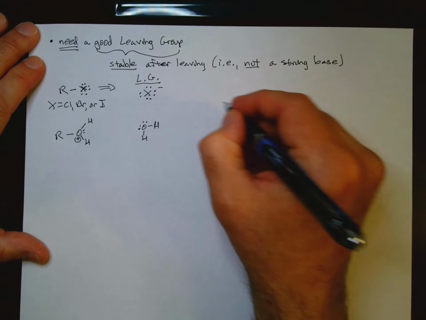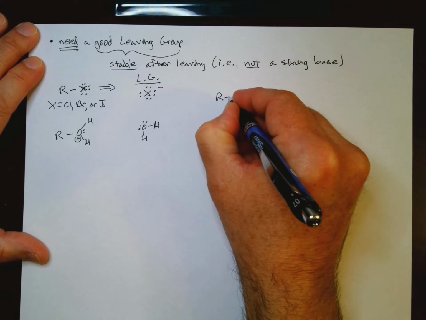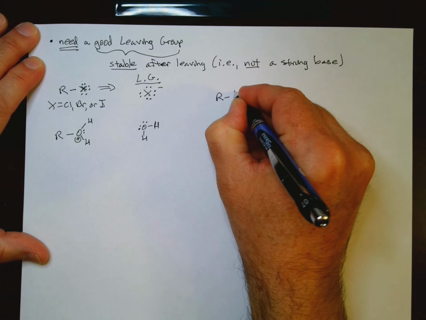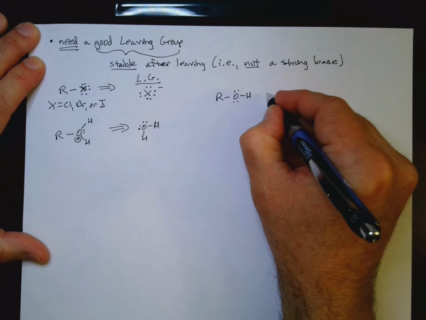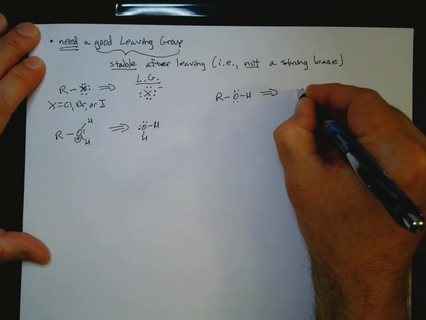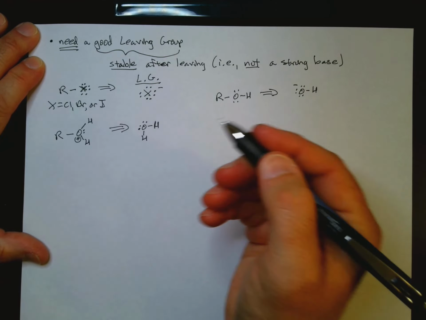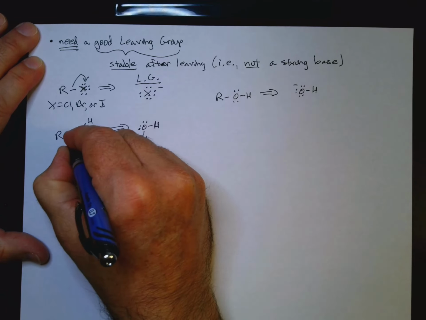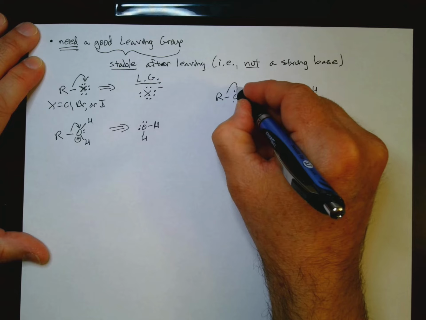An example of a poor leaving group would be ROH. If stuff leaves, we'd get OH minus. And I could go ahead and draw in an arrow showing the flow of electrons here.